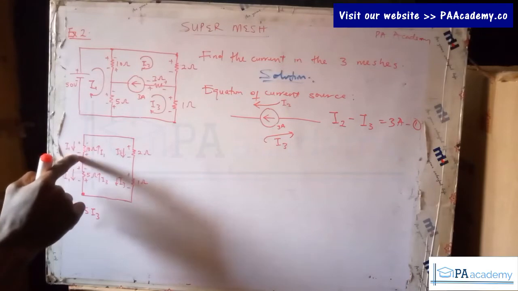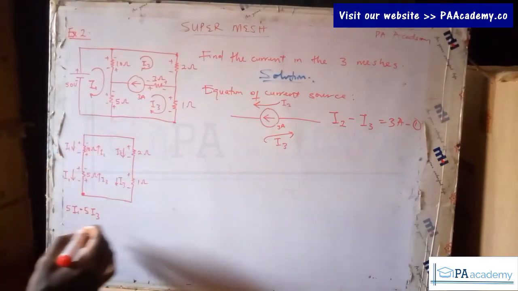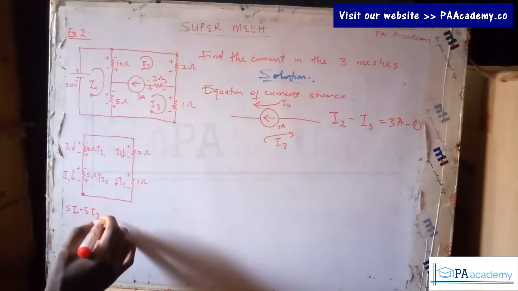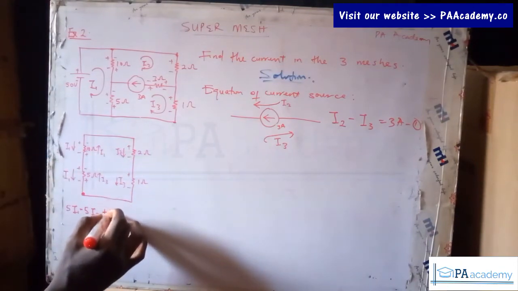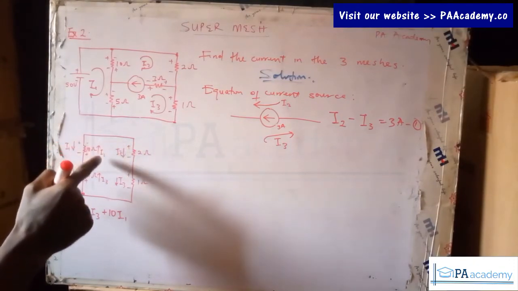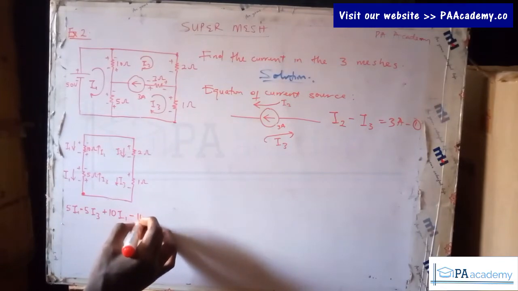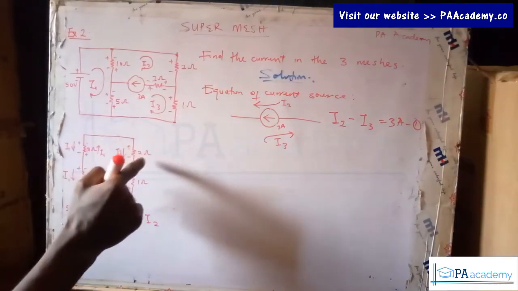Now let's go here, from negative to positive due to I1. Don't forget we are dealing with the 10 ohm resistor. From negative to positive, that's going to be plus 10I1. From positive to negative due to I2, that's going to be minus 10I2. We continue and come here.